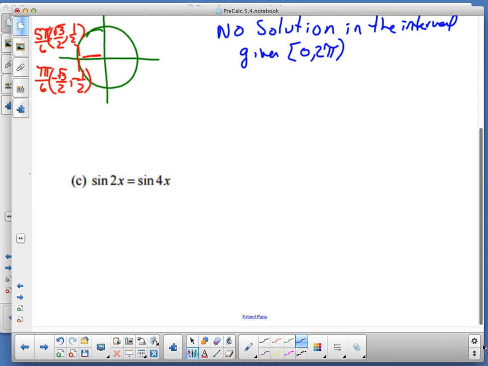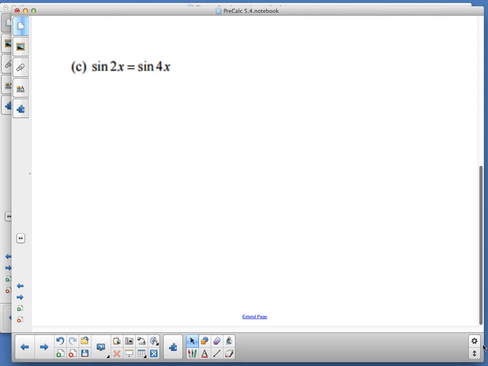I have sine of 2x equals sine of 4x. Okay, so if I get this back, I've got sine of 2x equal to, excuse me, minus sine of 4x. Let's dress that up like this because it's a double angle identity.